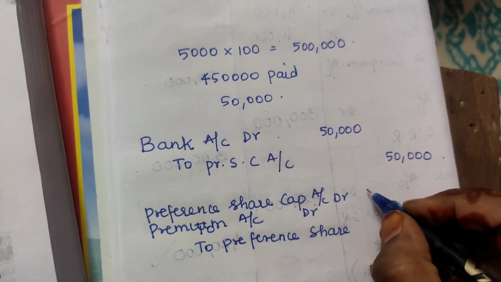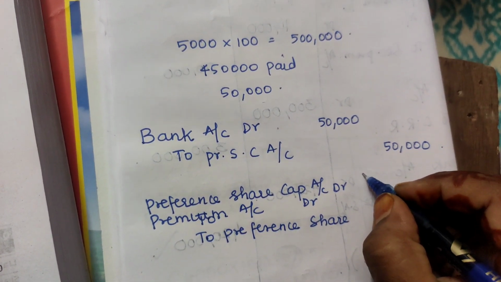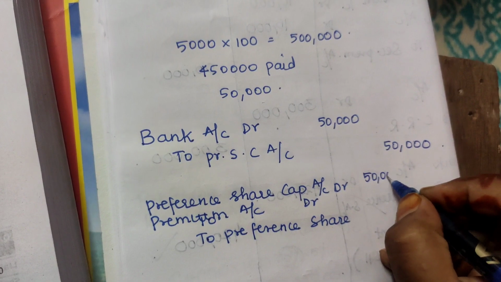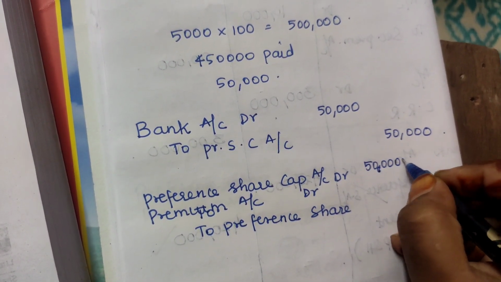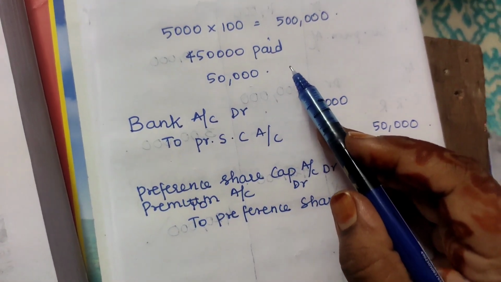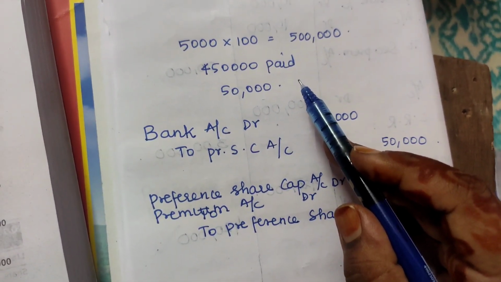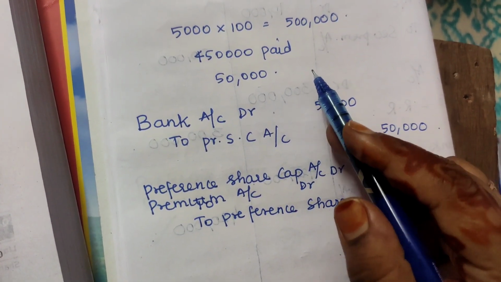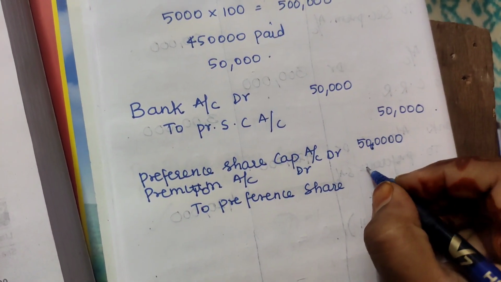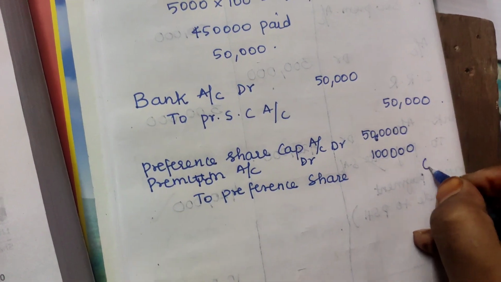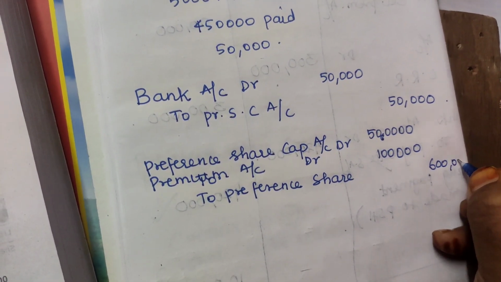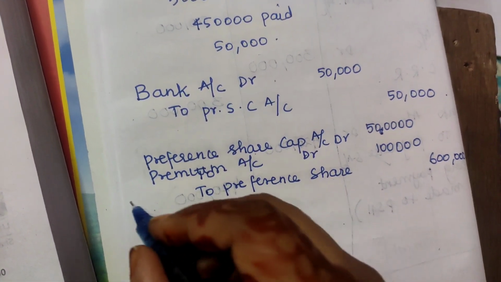We have to give the 5 lakh and 20% of premium. 20% of premium means 1 lakh. Overall 6 lakh.